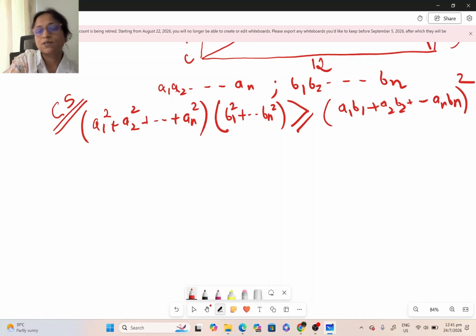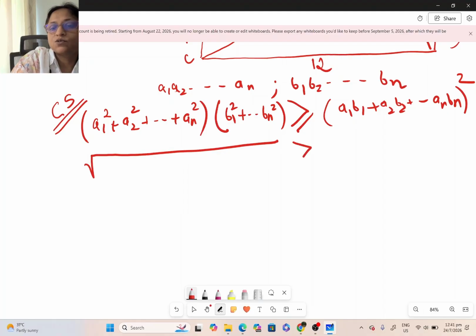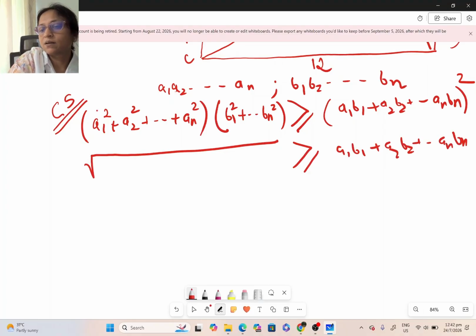That's my Cauchy-Schwarz. Another way of writing it, take the root. So I can just take the root of this side, I will remove the square: it should be greater than or equal to a1b1 + a2b2 + ... + anbn, right? And here it's the same thing.